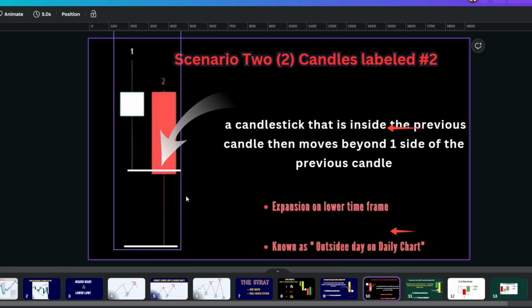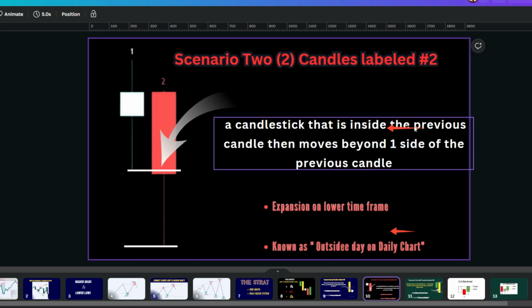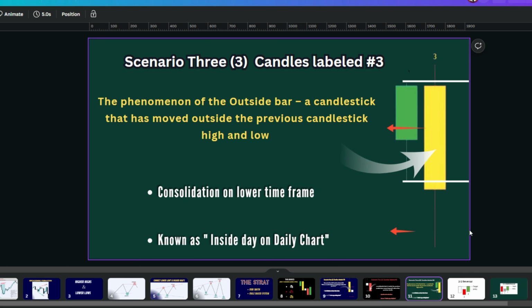Scenario 2 is when it goes below the previous candle's low. This is usually expansion on a lower time frame. It's an outside day on the higher time frames. All right, and then number 3 is the one that we're going to be focusing on today. So the phenomenon of the outside bar, a candlestick that has moved outside the previous candlestick's high and low.